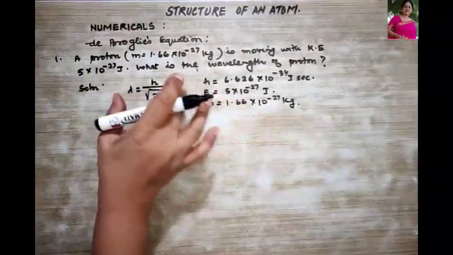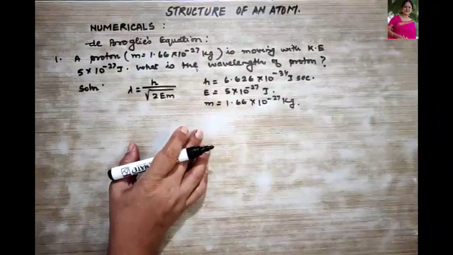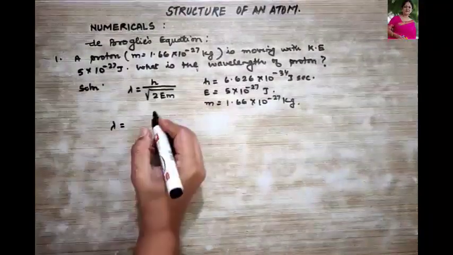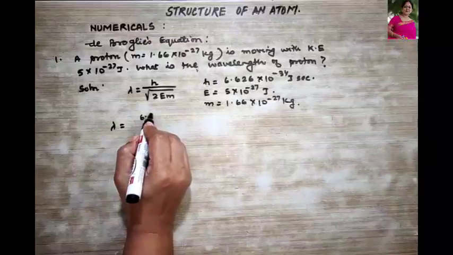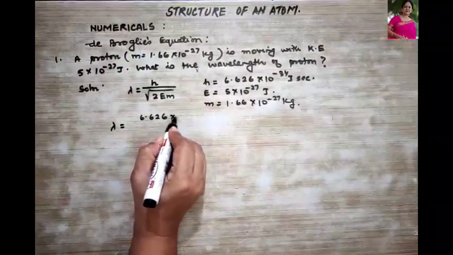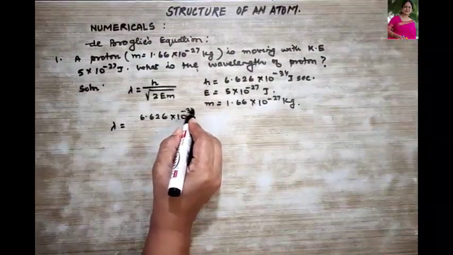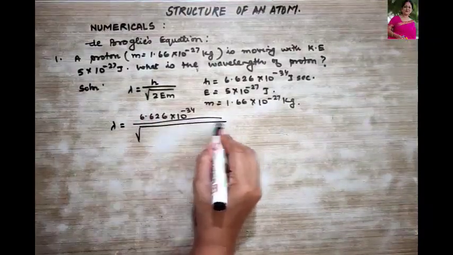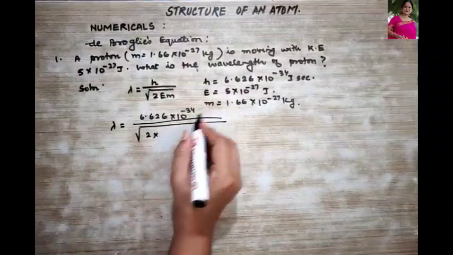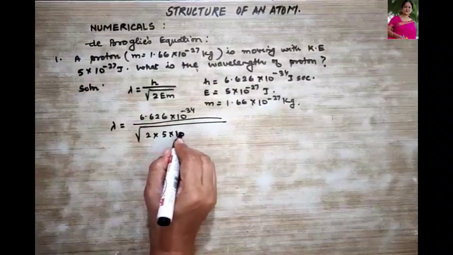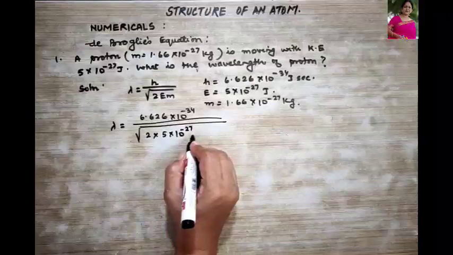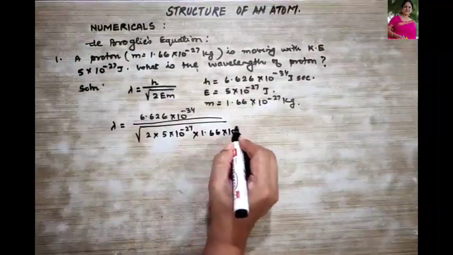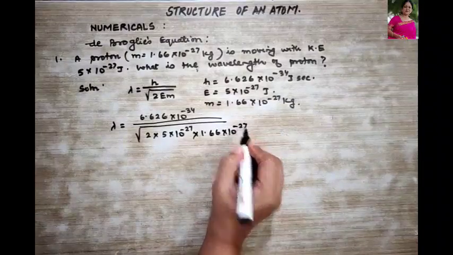So what have we to do? We just have to place all these values over here. So putting all the values here, what do we get? The wavelength is equal to h, that is 6.626 into 10 to the power minus 34 upon under root 2 into what is E? 5 into 10 to the power minus 27 into 1.66 into 10 to the power minus 27.